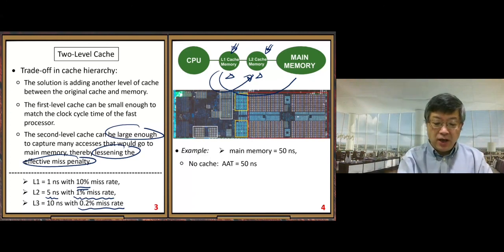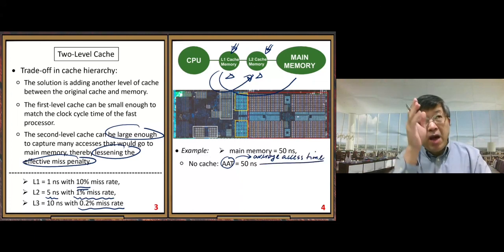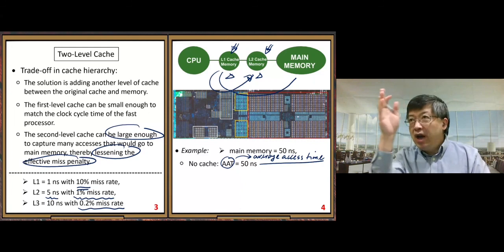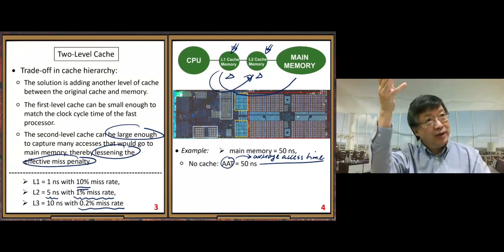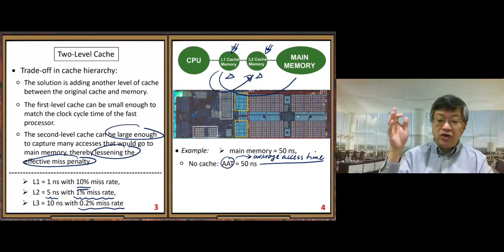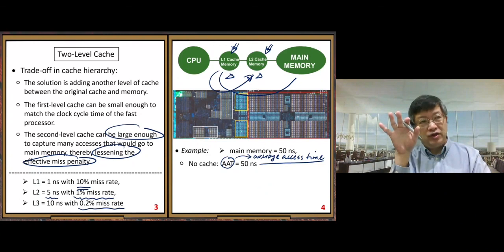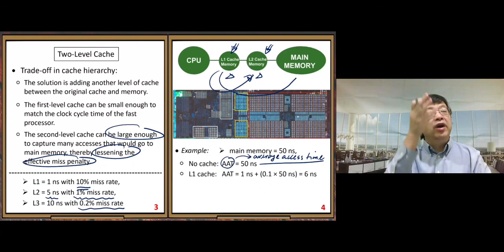We talked about the average memory access time before, right? We have a formula for that. Here, AAT, average access time, is 50 nanoseconds. The slowest case.